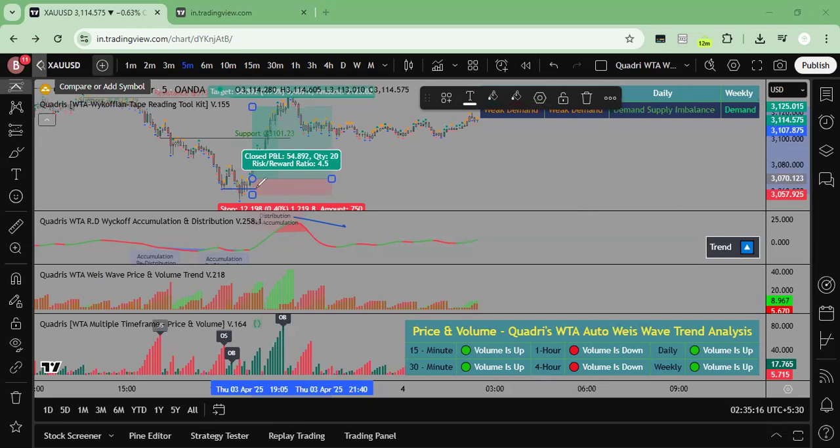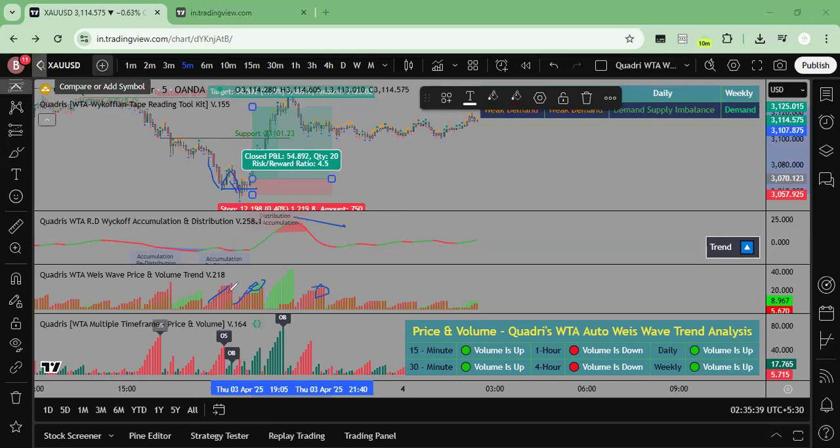So based on this accumulation, I got a wonderful trade wherein you can see the momentum of volume is reducing as we are approaching downwards, and new demand has come in. This is the sign of demand, and this is the sign of supply.